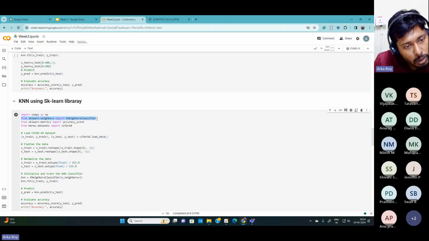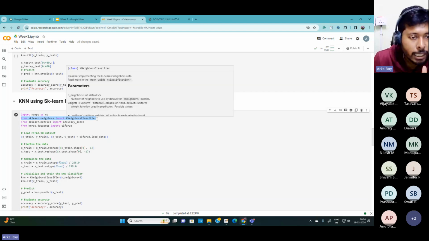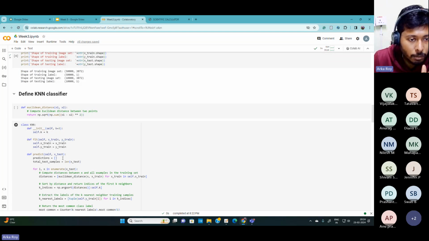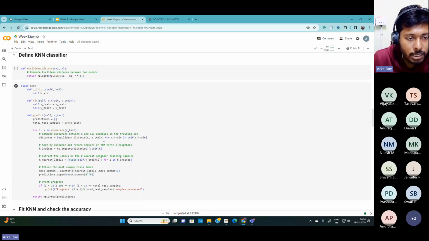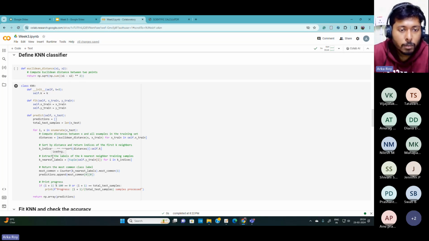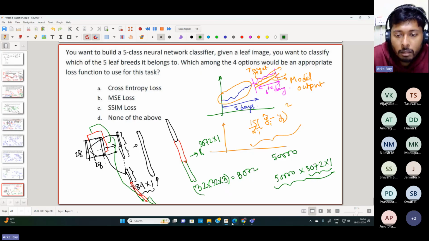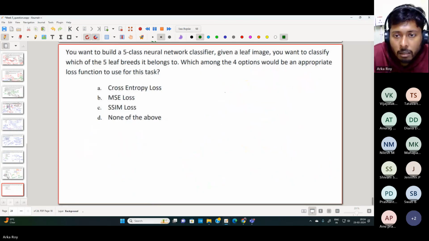If you just import this, you don't have to write the KNN classifier on your own. Over here I have also written a KNN classifier on my own so that you can skim through. So the basic idea is that, KNN implementation.